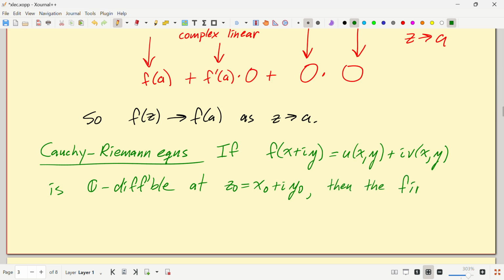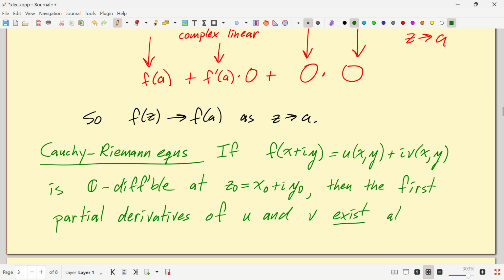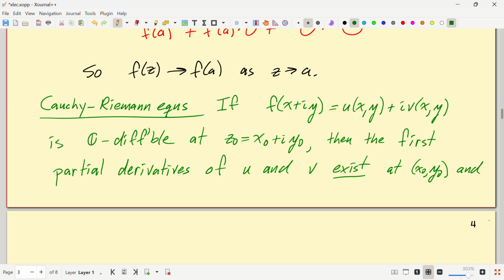The first partial derivatives of u and v exist at x naught, y naught, and they satisfy the Cauchy-Riemann equations.